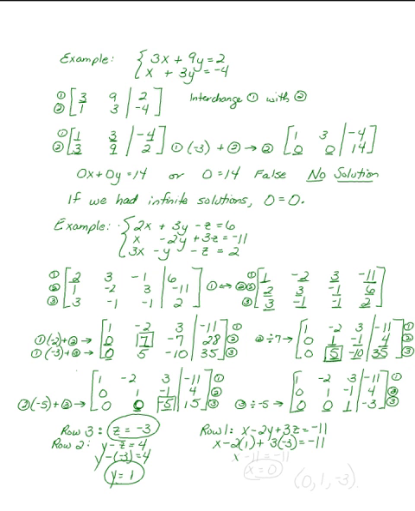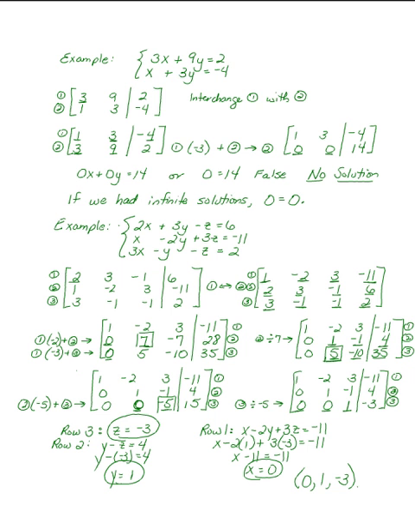This is x minus 11 equal to -11, so x is equal to 0. And now we have the ordered triple, which is the solution to our system: the point (0, 1, -3). Now my suggestion is you do check these answers before you decide you're actually done and you have the correct answer. Let's do one more example.